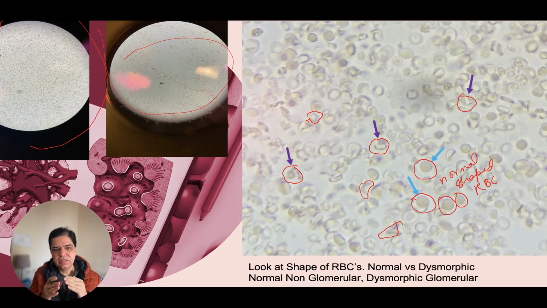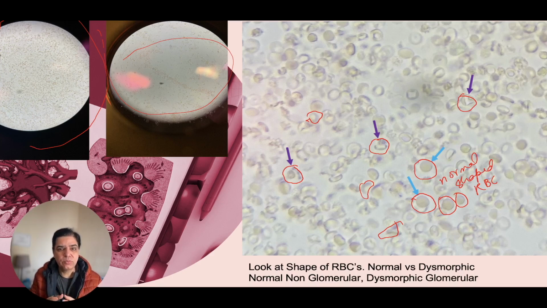Basically, the glomerulus is a tight structure, and normally an RBC cannot pass. So if an RBC passes through a very narrow tunnel, it gets squeezed, gets deformed, it gets broken down. So if there is a problem with the glomerulus, that blood coming from the glomerulus would be squeezed, and that would give you dysmorphic, deformed RBCs, which you would see under the microscope.